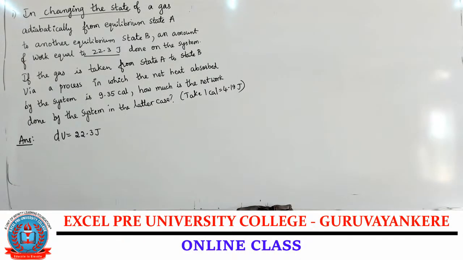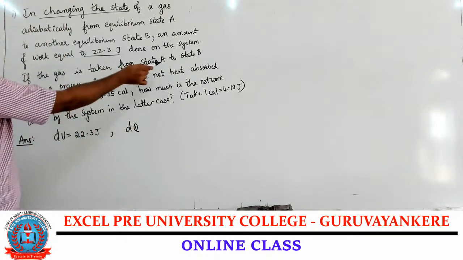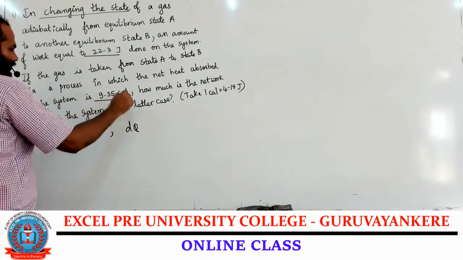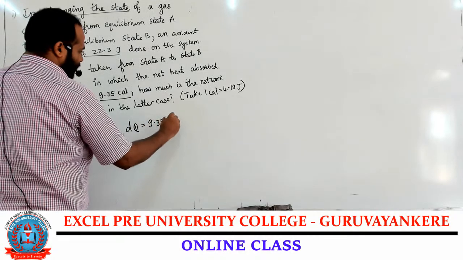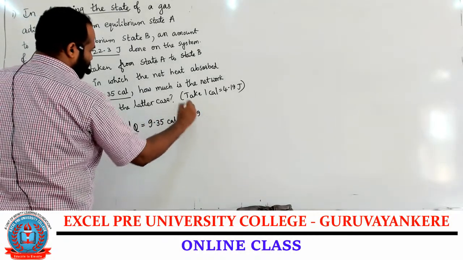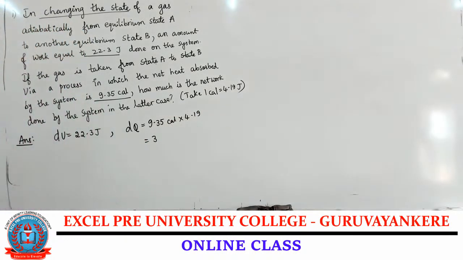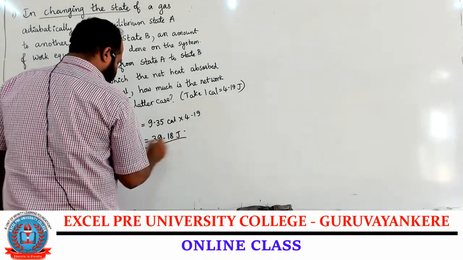Is that clear? Okay. So the net heat supplied, if the gas is taken from state A to B, is 9.35 calories into 4.19, which will become around 39.18 joule.